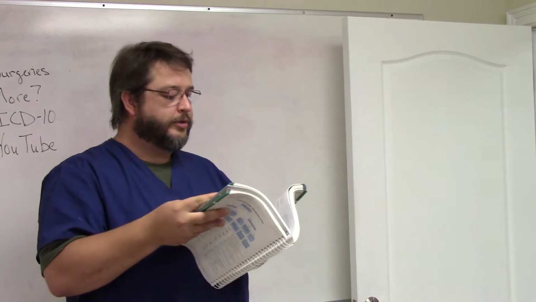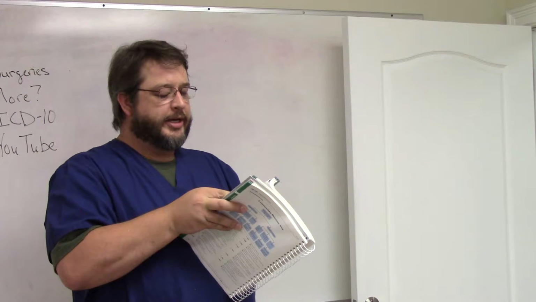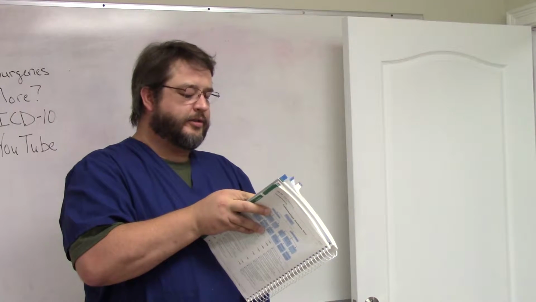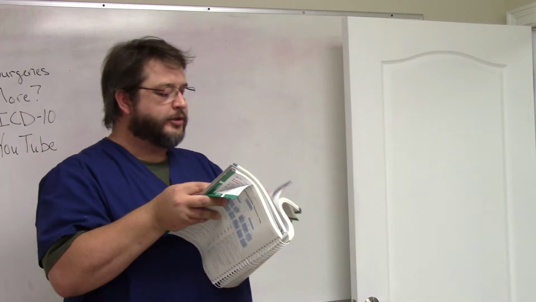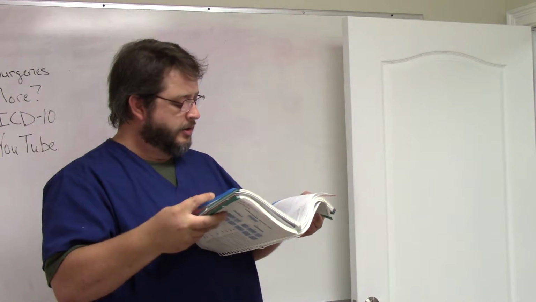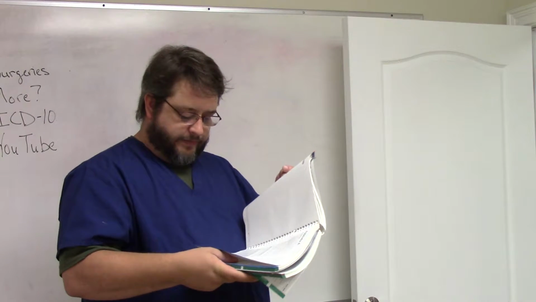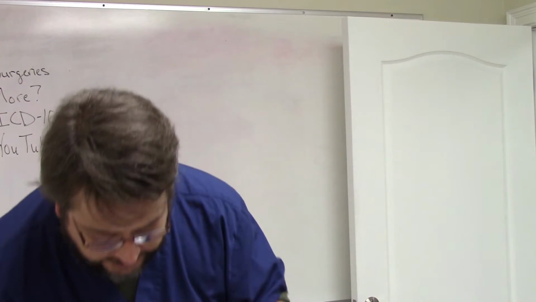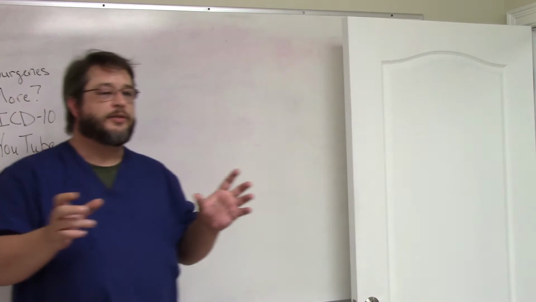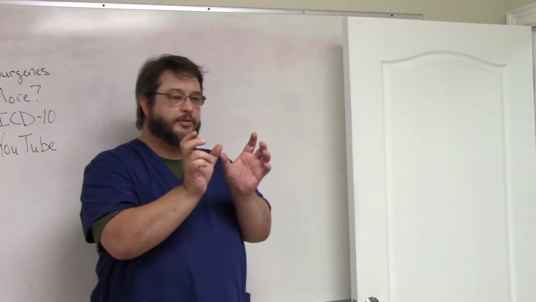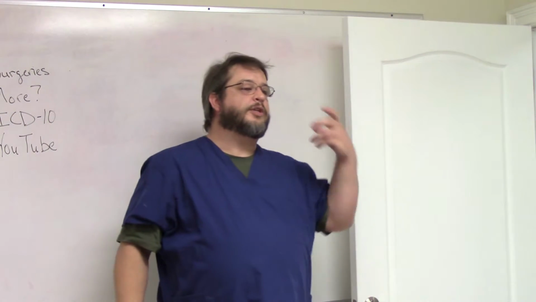What you're doing is writing to the insurance company, explaining why this colectomy was so much harder than a normal one. You're not unbundling it, but you're putting it on the surgery code, explaining why it's so much more, and that's why you're billing for more and why you should be paid for more.